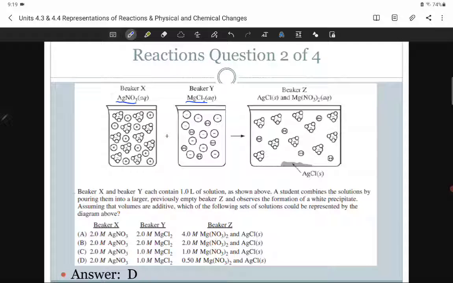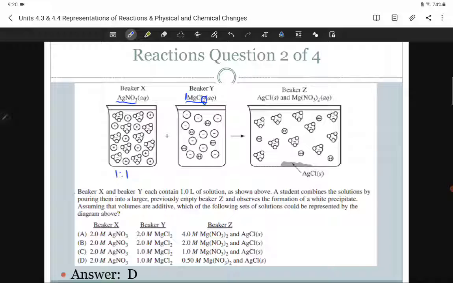The silver nitrate is a 1-to-1, 1 silver for every 1 nitrate. I'm not going to count these all up, but I think they're even amounts. It's a 1-to-1 ratio between the cations and anions. The magnesium chloride is not that same ratio. It's 1 magnesium for every 2 chlorines. And I think that works out that way.